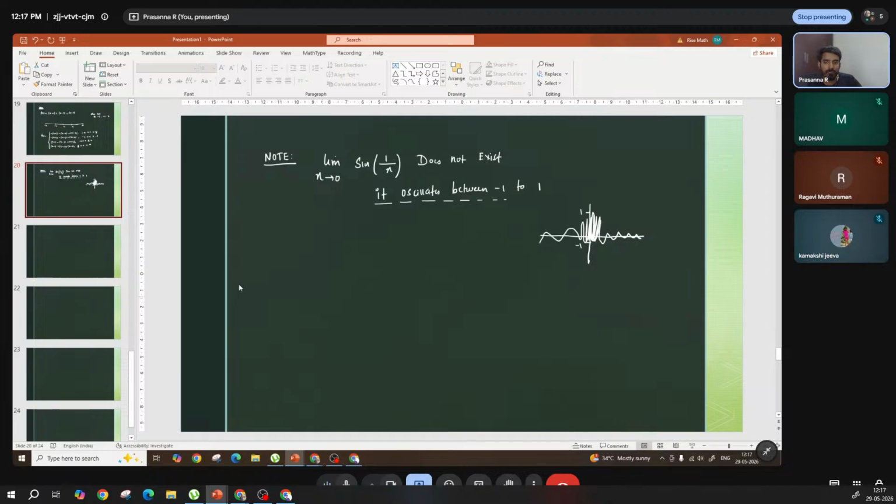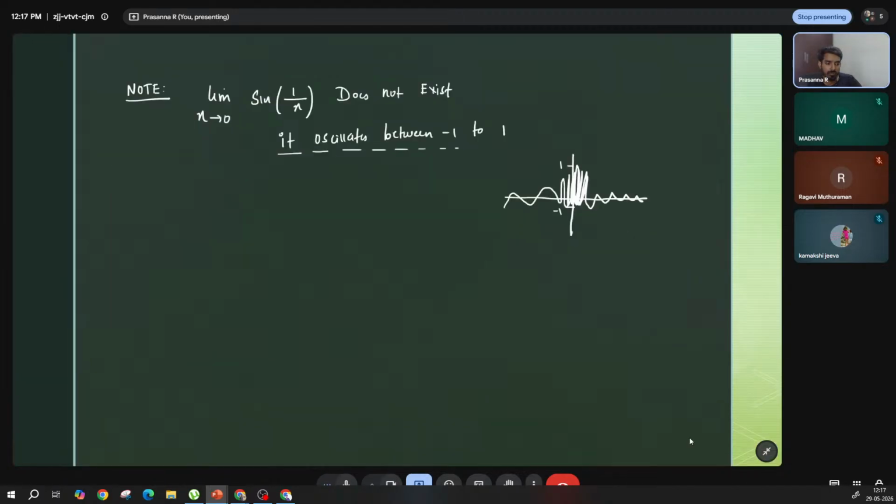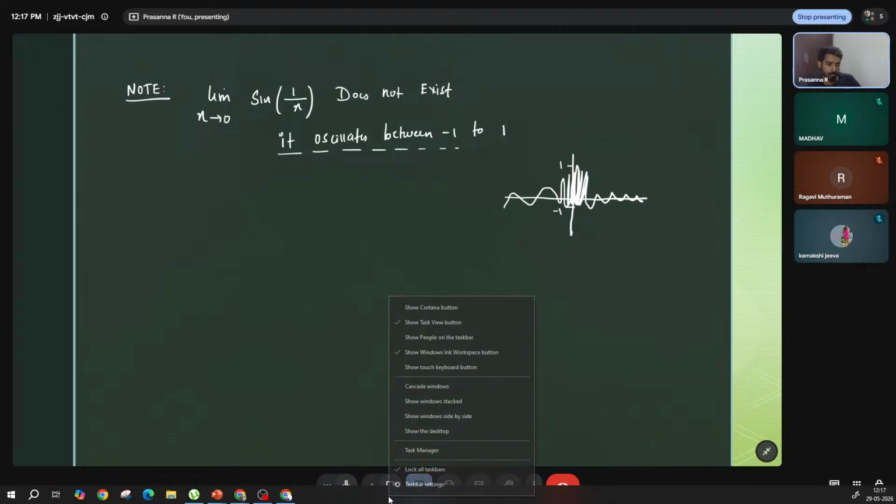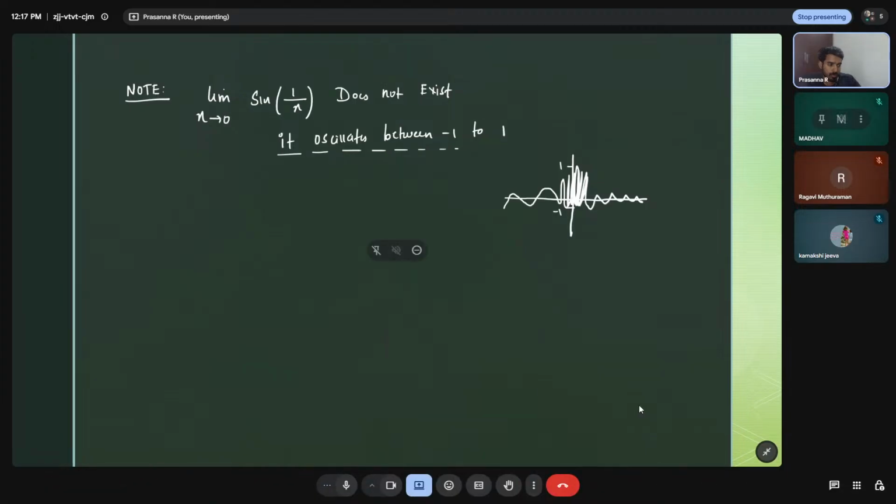So for cos 1 by x also, the limit as x tends to 0 does not exist. It oscillates between minus 1 and plus 1, right?